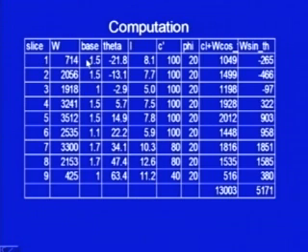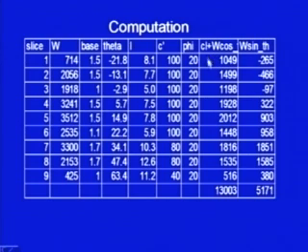This is slice number 1, the weight is 714 kilonewton. Then its base length is 1.5 meter. Theta here I have taken negative, since this is slice number 1. This is the base length. This is C dash. This is phi dash.